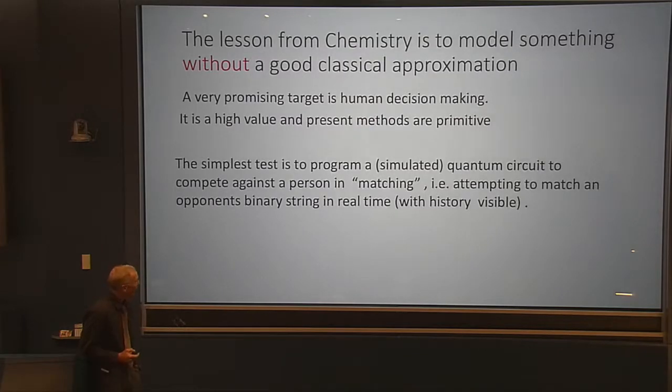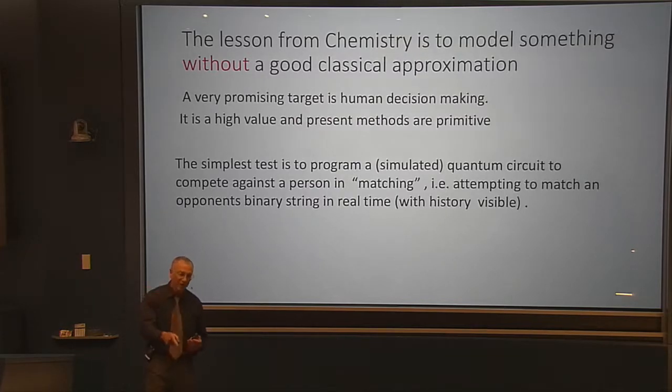And in thinking about this, there's a game that I'd like to try to make a quantum computer learn to play against a person. This is the simplest possible game. It's for people who don't have the mental bandwidth to play rock, paper, scissors. It's the mod 2 version of rock, paper, scissors.